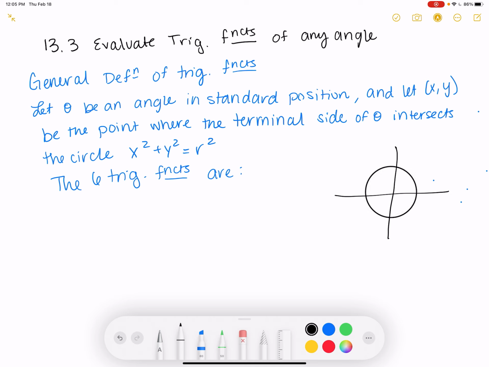Look at that, it made me a nice circle. Okay, this is the point (x, y). This is angle theta. Y and x.